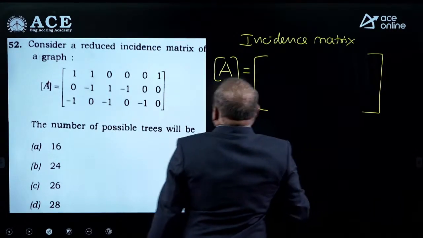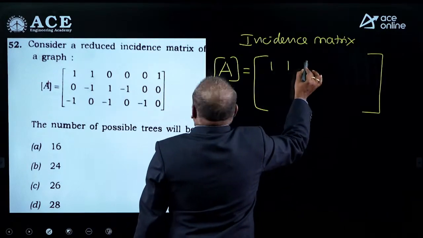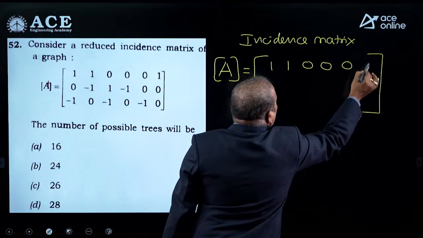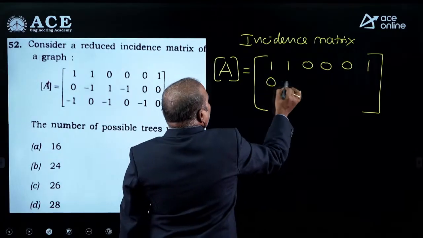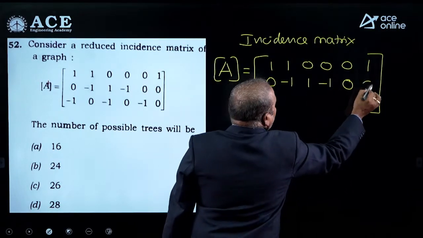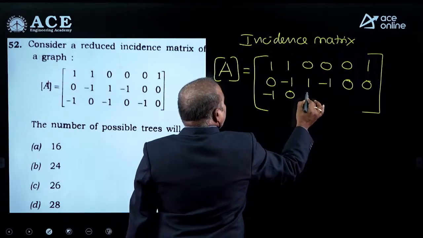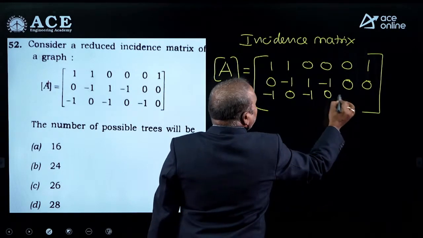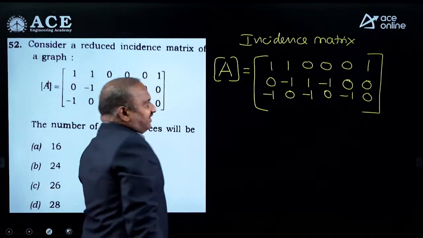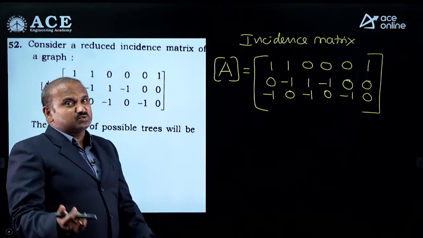First, I would like to take the given reduced incident matrix elements: 1, 1, 0, 0, 0, 1, and 0, minus 1, 1, minus 1, 0 and 0. And minus 1, 0, and minus 1, 0, minus 1, 0. This is the given reduced incident matrix. You know that the reduced incident matrix order is (n minus 1) into b.